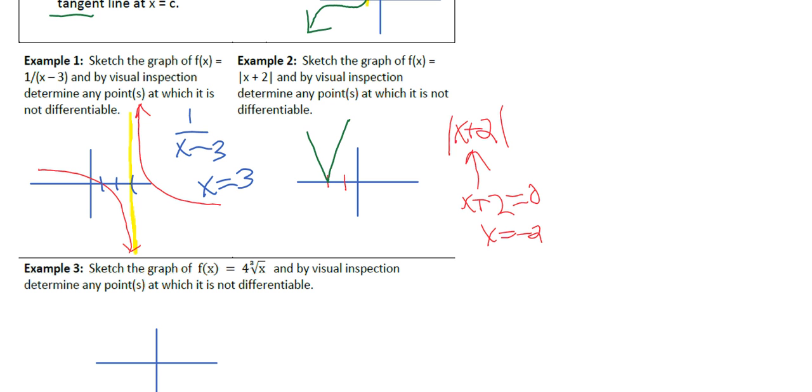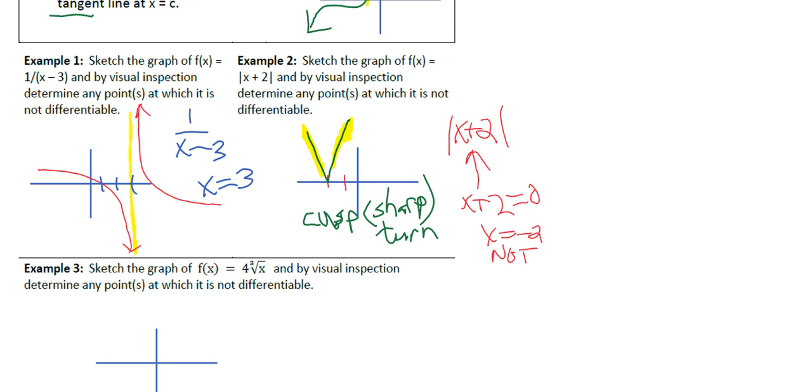It is not differentiable at x equals negative 2 because it has a cusp, and remember that's nothing more than a sharp corner or sharp turn at negative 2. But everywhere else it's differentiable, on the left-hand side and on the right-hand side, but at x equals negative 2 it is not differentiable.